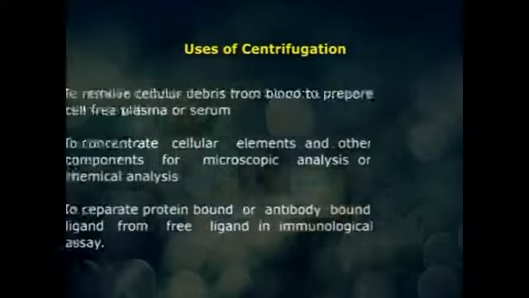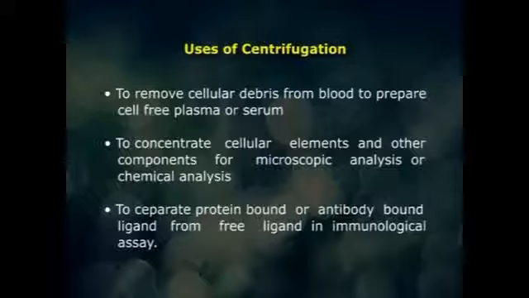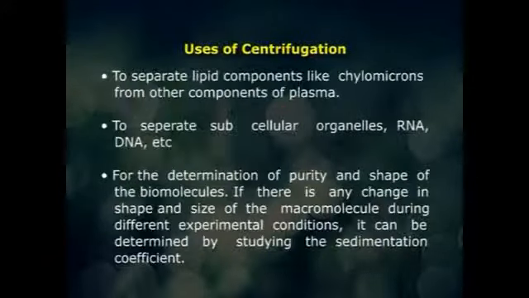Centrifugation has been used to remove cellular debris from blood to prepare cell-free plasma or serum, to concentrate cellular elements and other components for microscopic or chemical analysis, to separate protein-bound or antibody-bound ligand from free ligand in immunological assays, to separate lipid components like chylomicrons from other components of plasma, and to separate subcellular organelles, RNA, DNA, etc., for the determination of purity and shape of biomolecules.